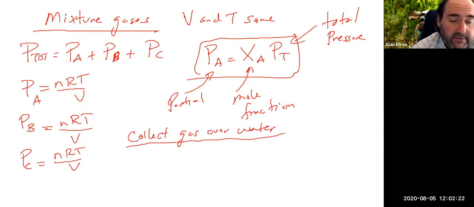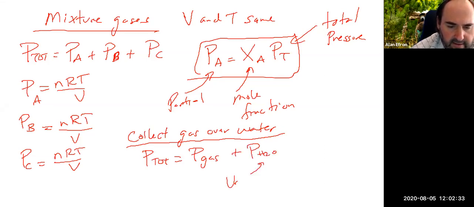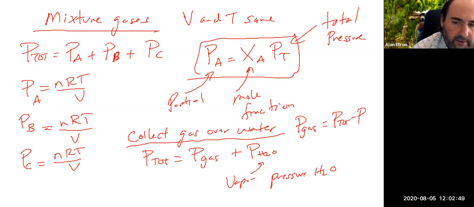So you usually have to do a correction for that, where the total pressure is the pressure of the gas you're interested in plus the vapor pressure of water, which is this guy. The vapor pressure of water is a value you can look up based on temperature. If you rearrange this, the pressure of your gas is the total pressure minus the pressure of water.